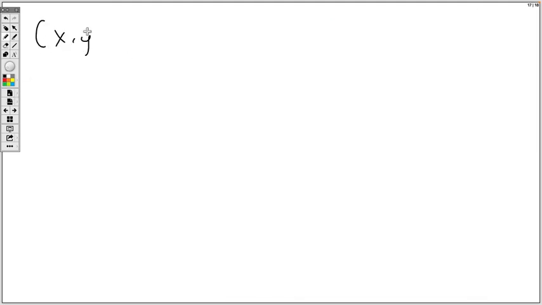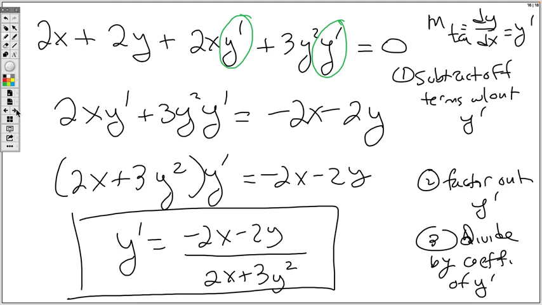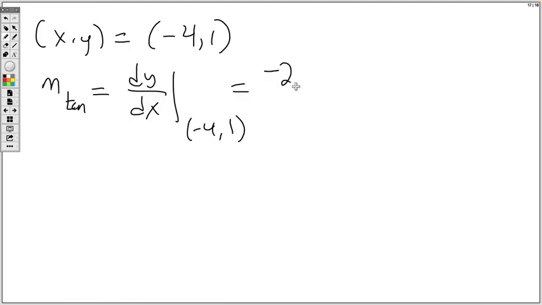So for us, the point that we care about is (-4, 1). So the slope of the tangent line is the derivative dy/dx at (-4, 1). So we got (-2x - 2y).